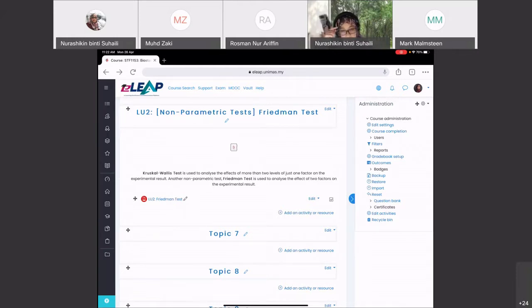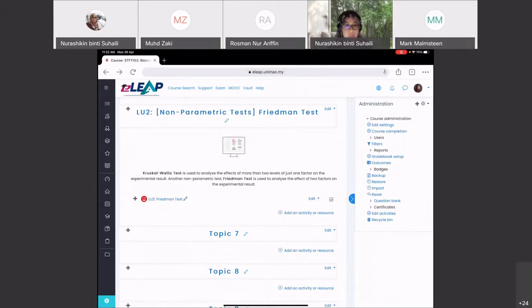But just to introduce the Friedman test briefly, it is used to analyze the effect of two factors. So that's the difference between the Kruskal-Wallis test and the Friedman test. Meaning the Friedman test is a little more detailed compared to Kruskal-Wallis, so keep that point first.